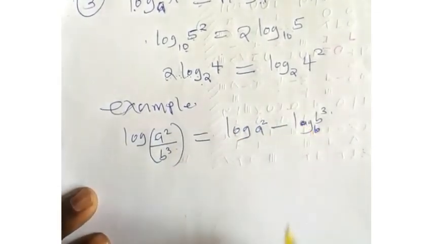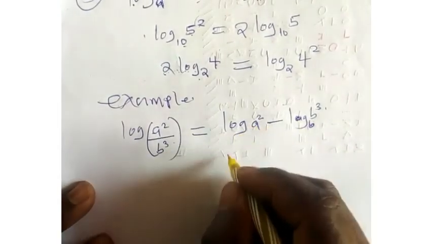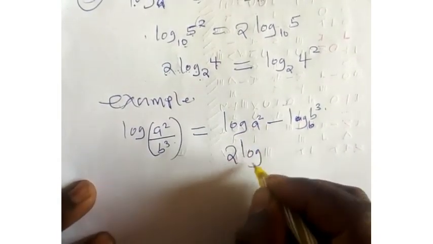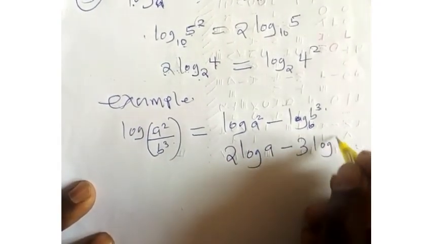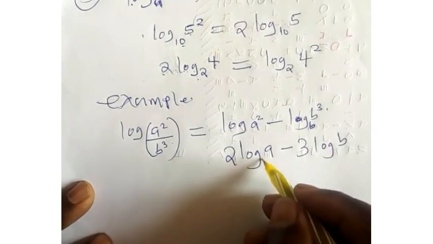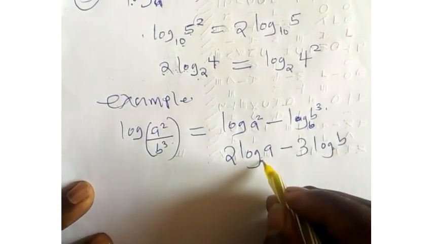That's what it means. But we have said that this one is the power, therefore it means 2 log a minus 3 log b. When a log doesn't have a base, the obvious base that is there is base 10. You should know that.